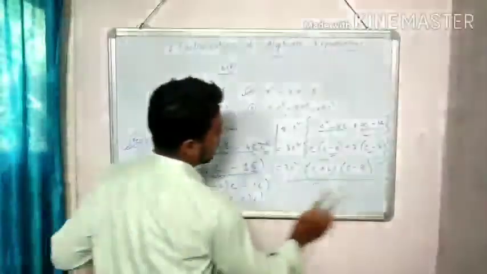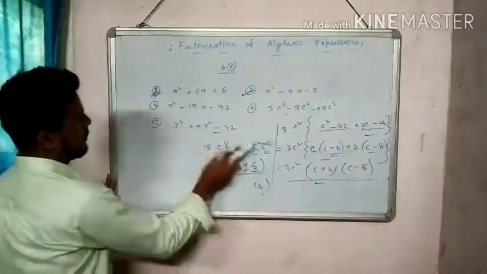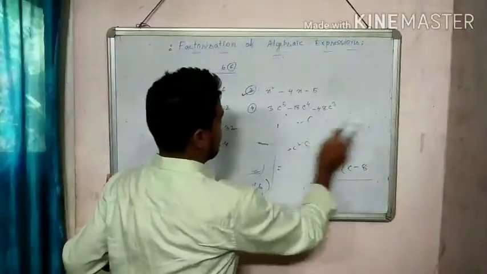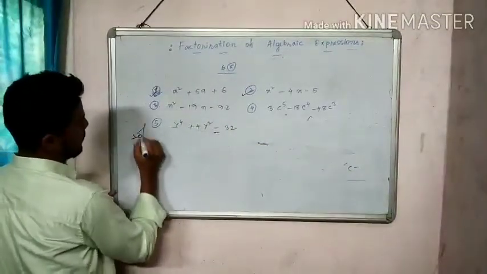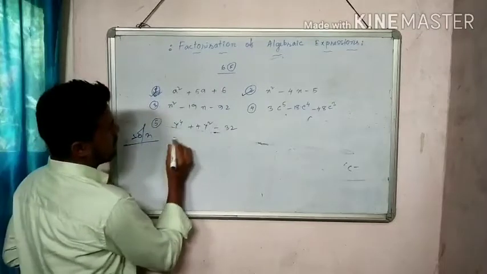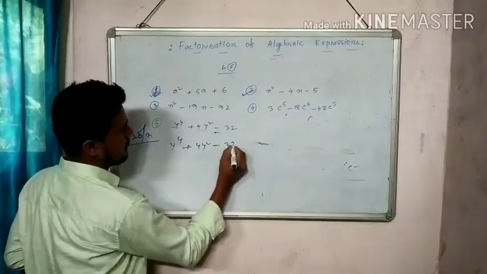Now taking number 5. Number 5 problem, number 5 solution. Here y to the power 4 plus 4y square minus 32.